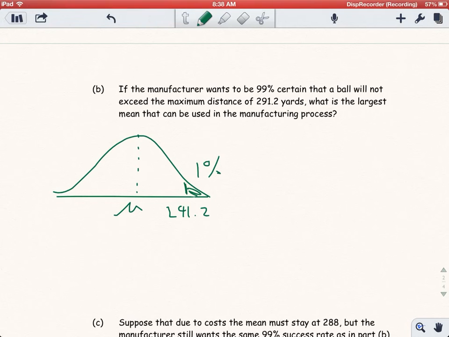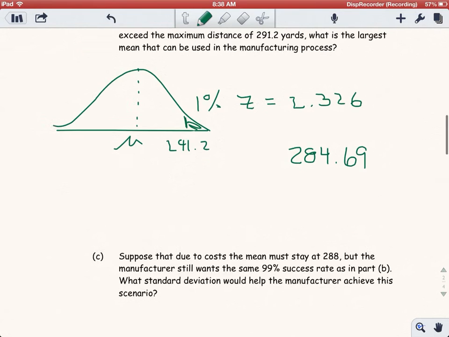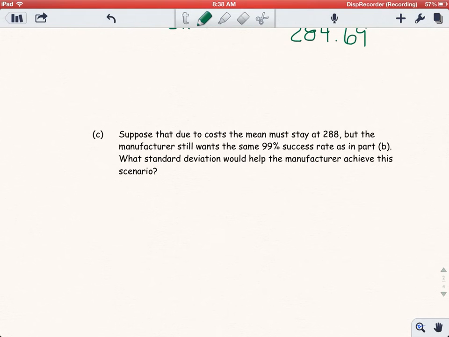And so we find the z-score at 1%, and that's 2.326. And then we just have to solve for the mean, which is about 284.69.